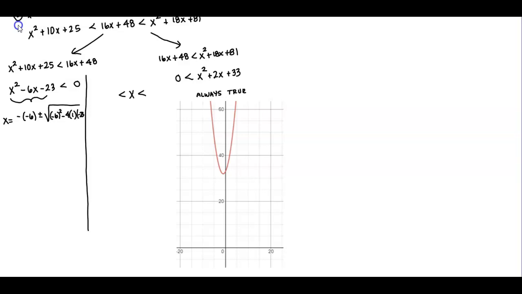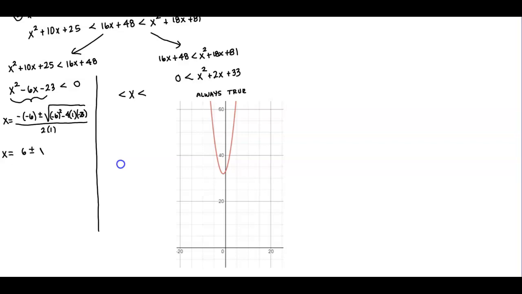Let me move that over here. And then we're going to divide that by 2 times a, which is 1. And so therefore we get x equal to 6 plus or minus the square root of 36 plus 92, all over 2.